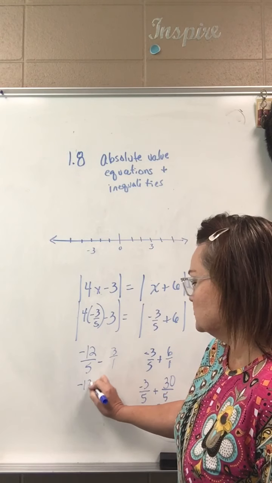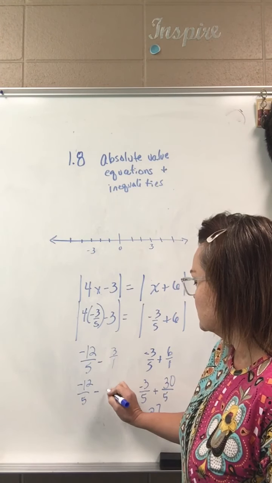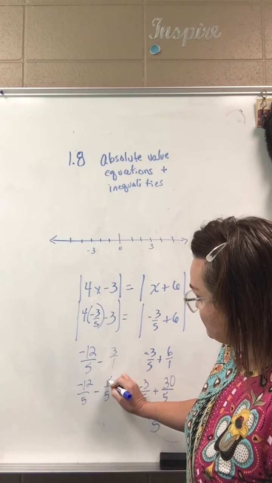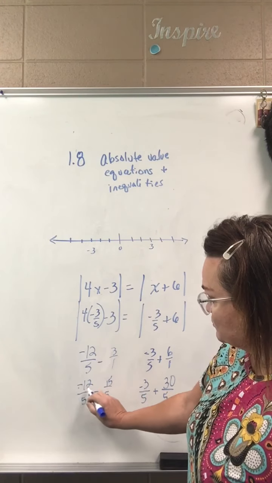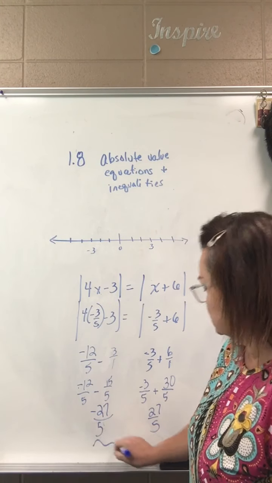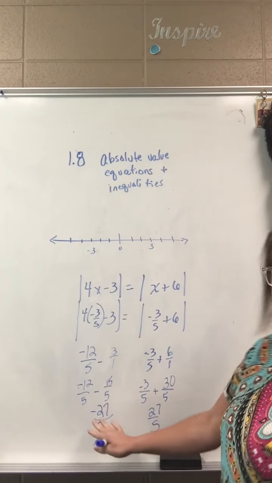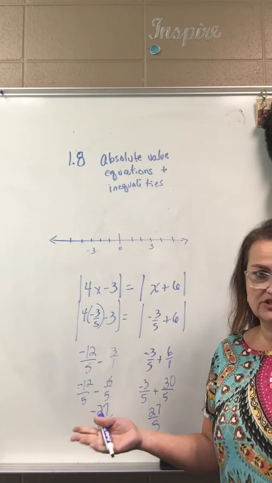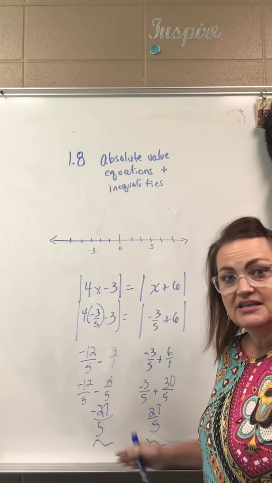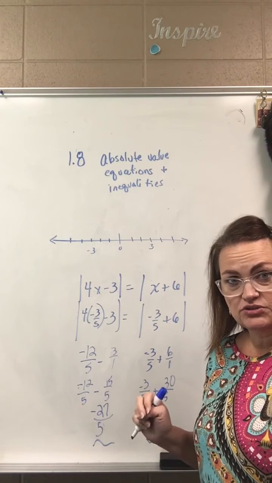Of course, like I said, feel free to use your calculator. But if I got a like denominator of 5, that would be 15/5. Look, -12 minus 15, that's -27/5. So the two sides come out to have the same number. Like I said, nothing magical about what number it is, but they do have the same number, but opposite signs. So it works, and that should be the only two solutions.